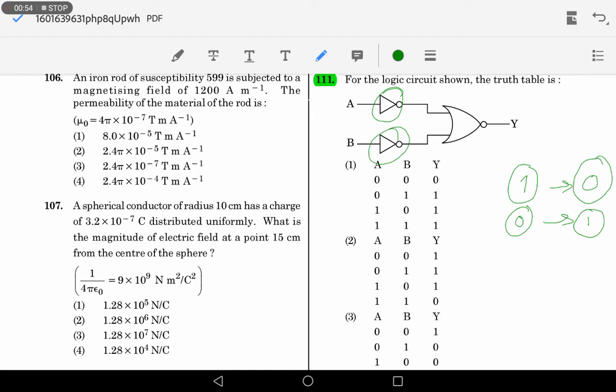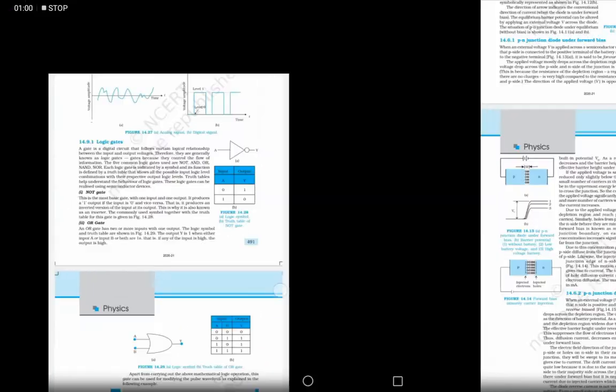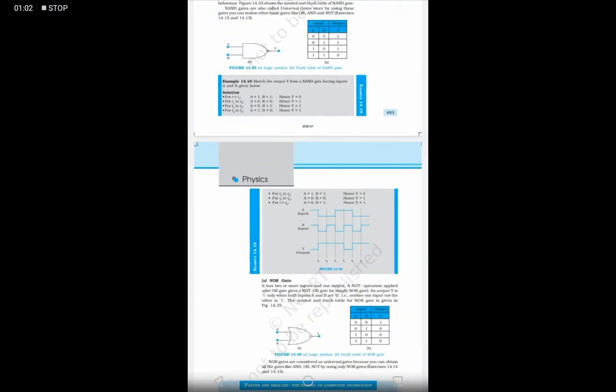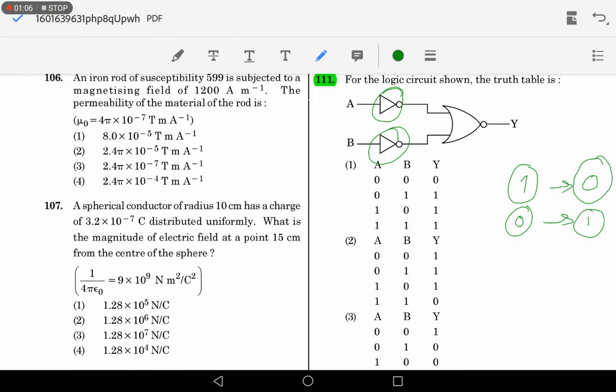There are 5 types of gates given in NCERT, and there is also a proof. So NCERT has all these types of gates given, so a thorough revision must be done in order to do these types of questions. The first type of gate is the NOT gate that turns 1 to 0, 0 to 1.